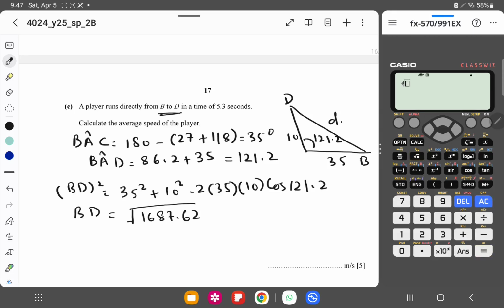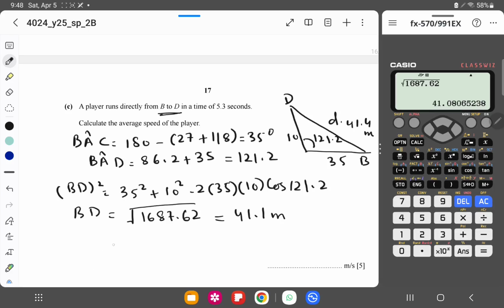This is square root of 1687.62. That is becoming 41.08, which means 41.1. So this is 41.1 meters.